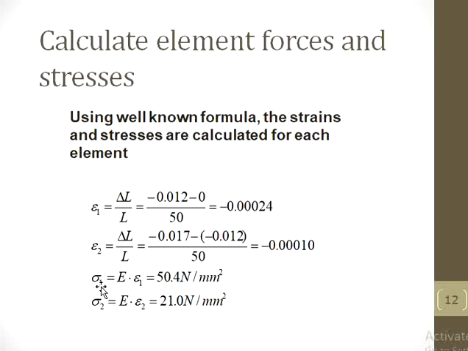Then if you want to calculate stresses in element 1 and element 2, just multiply the respective Young's modulus of elasticity into the strain. So we will get stresses in element 1 and element 2. This is a basic and simple problem.